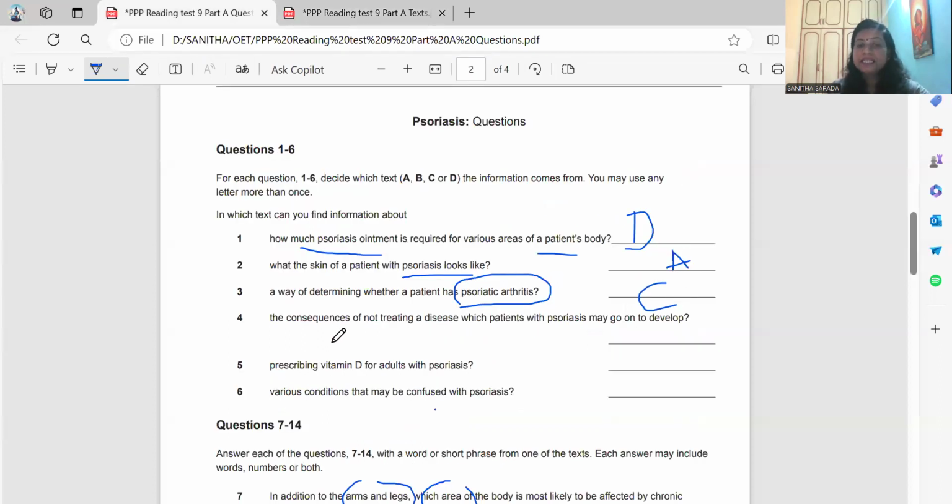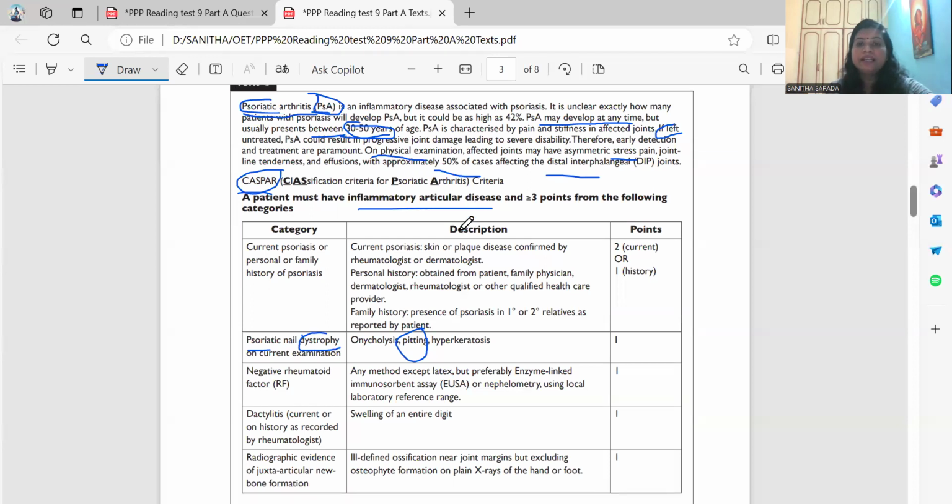The consequence of not treating the disease: a patient with psoriasis may go on to develop what? If it is not treated, where will you find it? Maybe you will think of part A, and if you are down in part A you can go there.